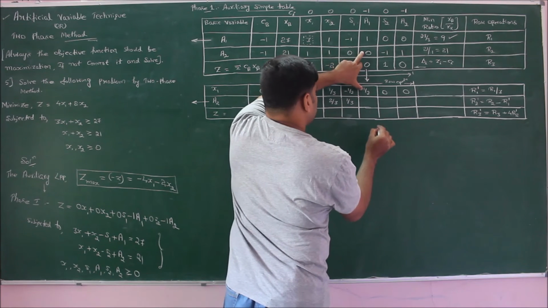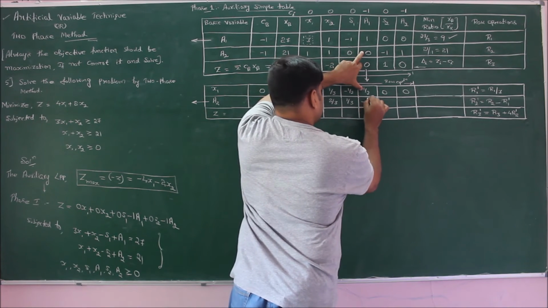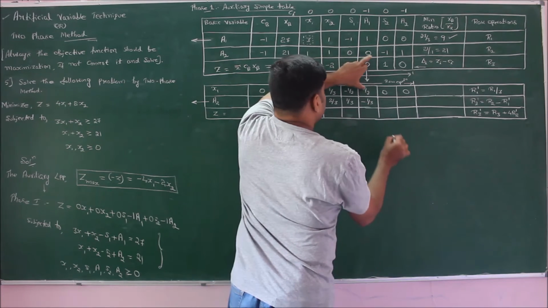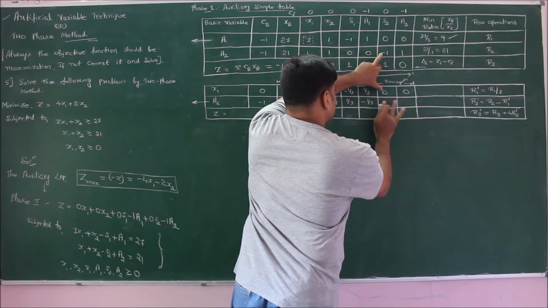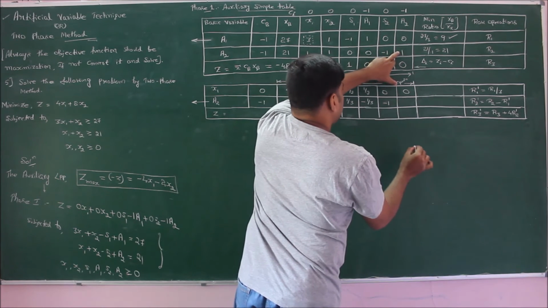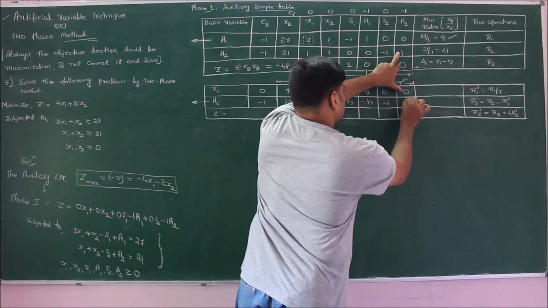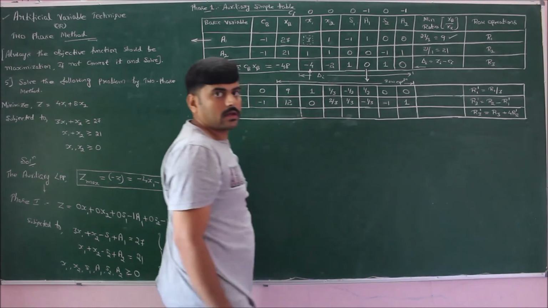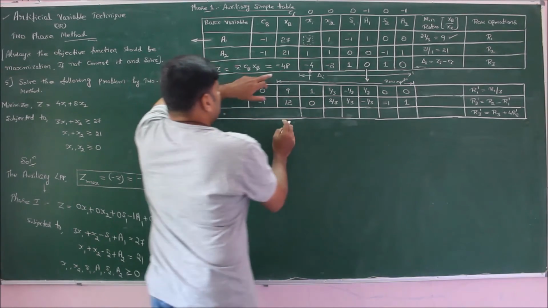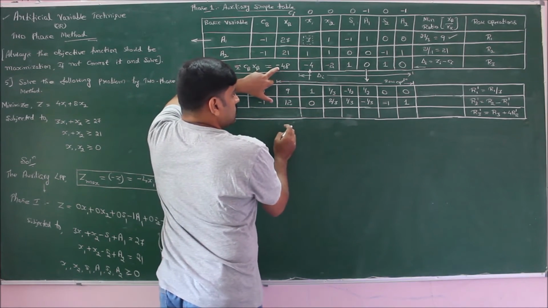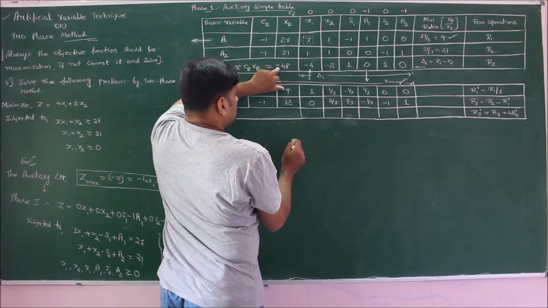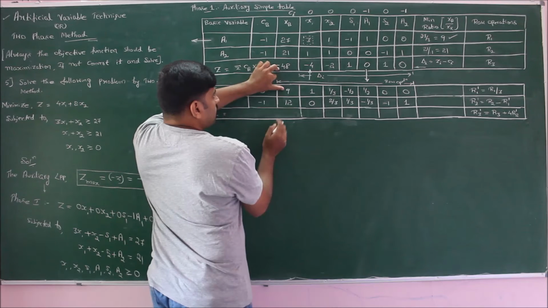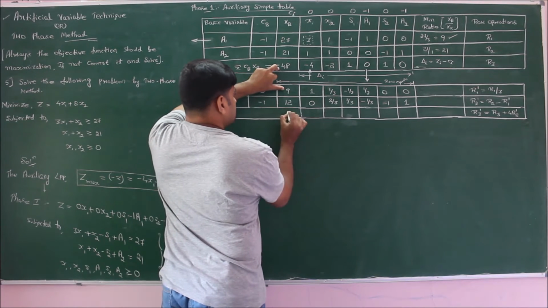Here I have 0. Here I have 1 by 3, it will become minus 1 by 3. Here I have minus 1, here I have 0, it will become minus 1. Here I have 1, here I have 0, therefore it will become plus 1. Next, here I have minus 48, so minus 48 plus 4 times 9, so minus 48 plus 36 is minus 12.